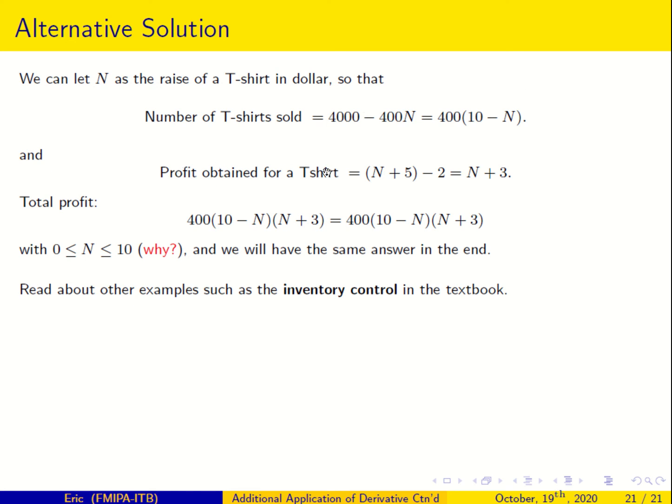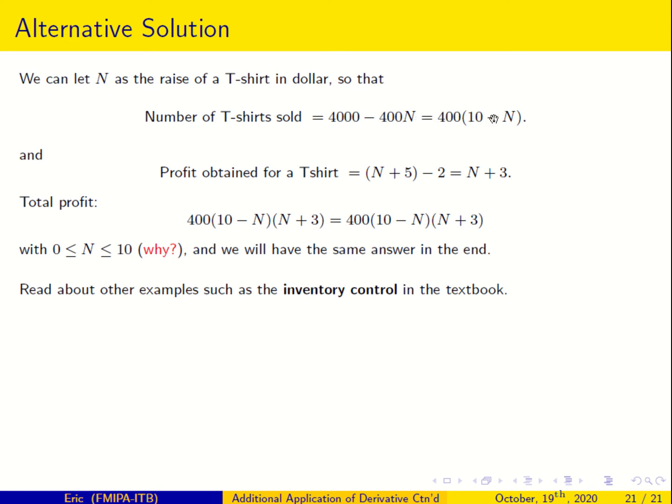And the profit obtained from a t-shirt is given by the raise plus the original price, that is 5, N plus 5 minus the cost, so I have N plus 3. So the total profit is given by the number of t-shirts sold times the profit, so I have this one, with N from 0 to 10. Why? Obvious from this, because 10 minus N should be positive.